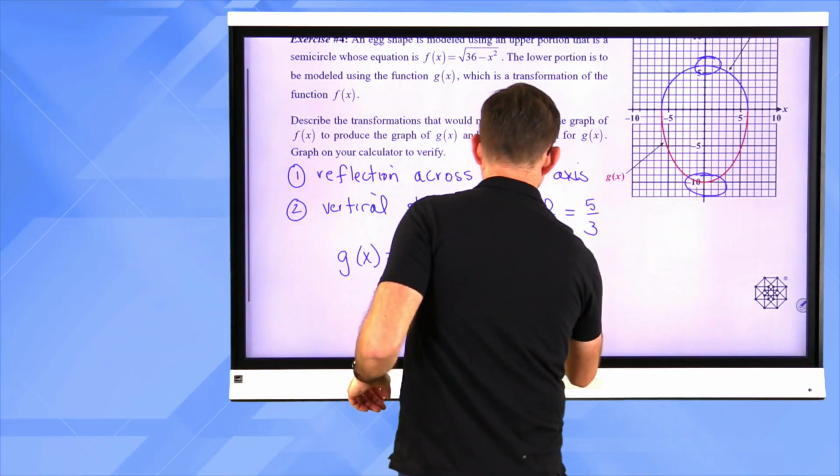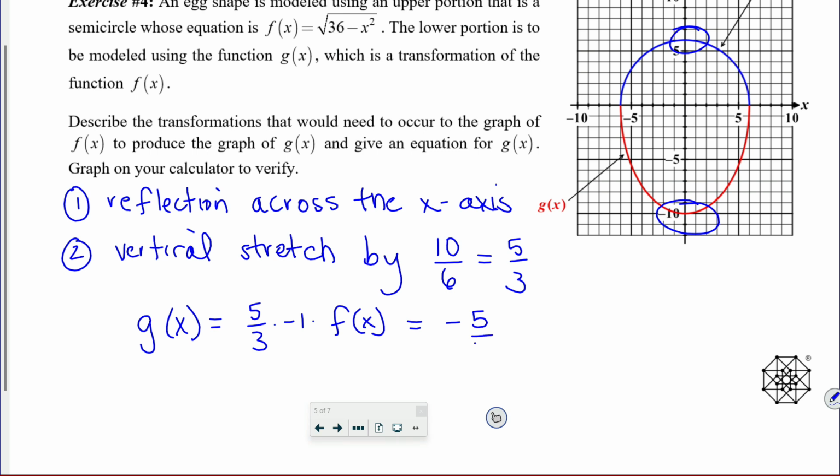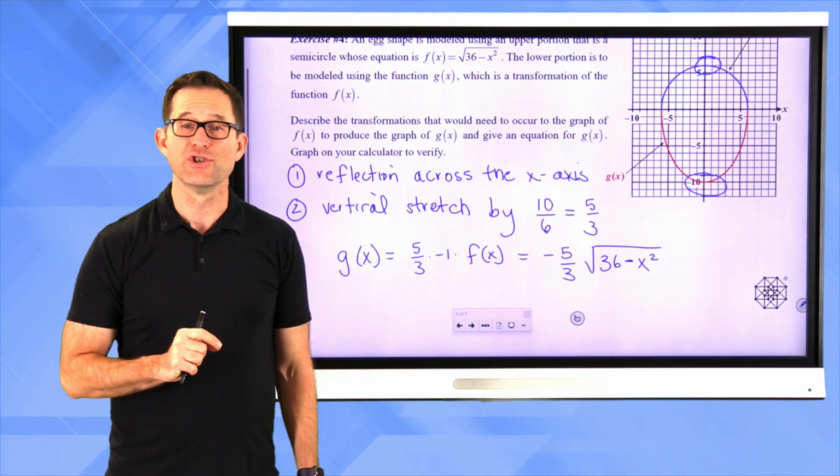Ultimately, what that gives me when I multiply those two together is -5/3. And then I'm just going to throw in the equation for f of x, which is the square root of 36 minus x squared. So there's our formula for g of x.